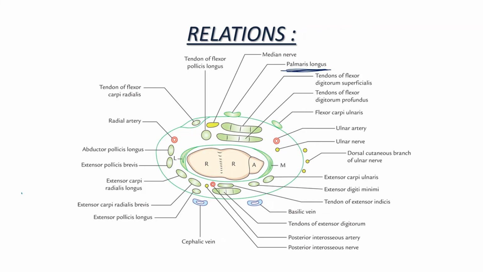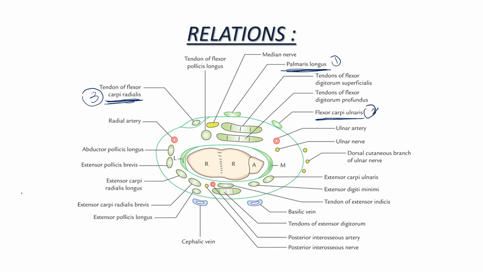Other than that, the tendon of flexor carpi ulnaris and also the tendon of flexor carpi radialis. So these three make up the superficial anterior relations of the joint.